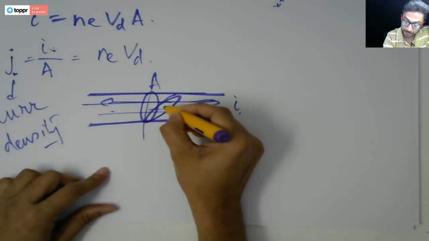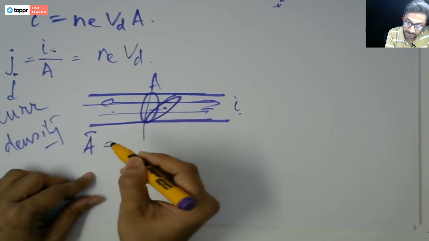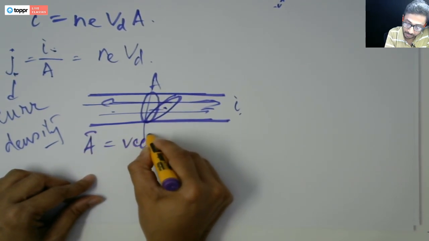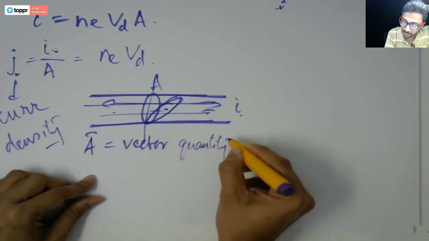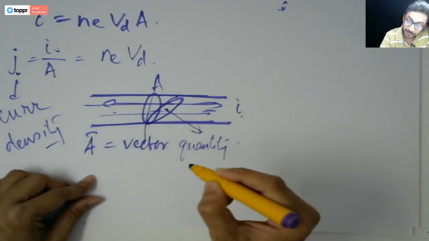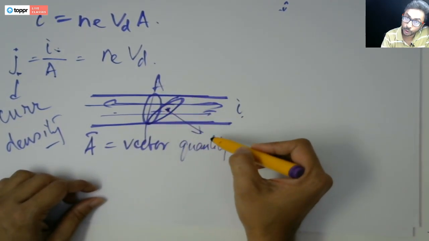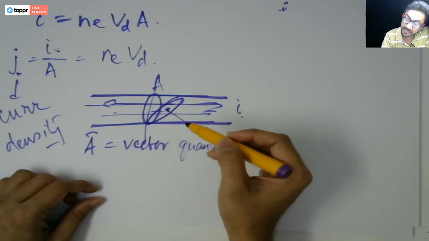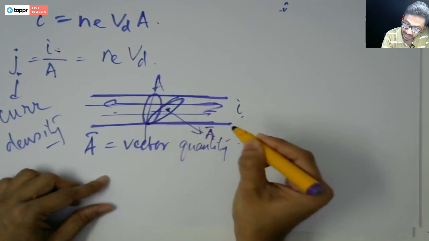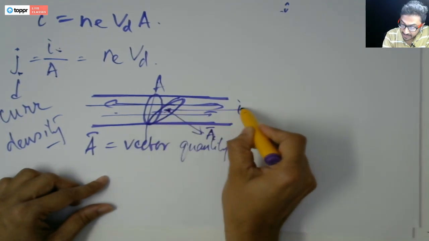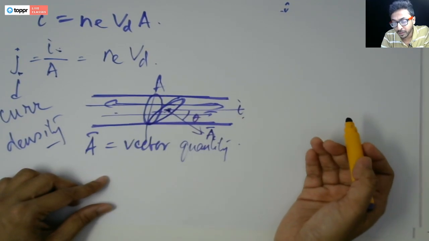So what will happen? You definitely know that area is a vector quantity, where the vector which is perpendicular to the surface of the area is the area vector. So we can denote this as A vector. Say this is making an angle theta with the flow of the current.